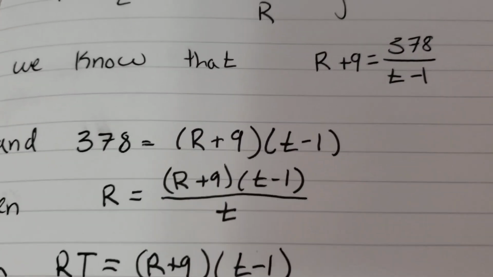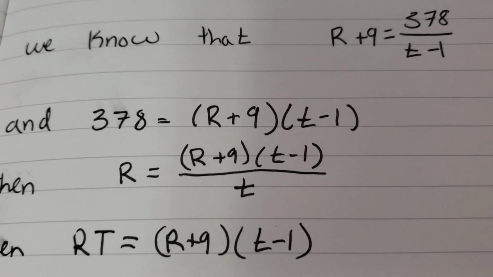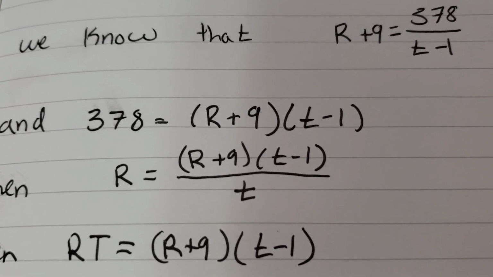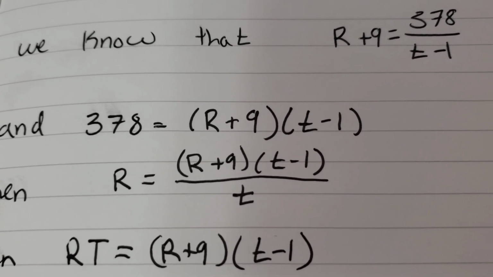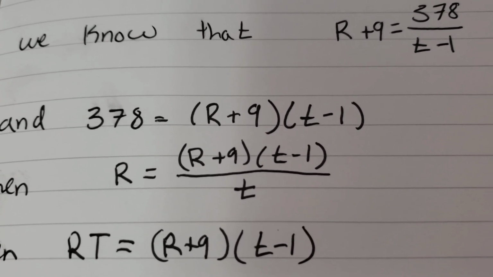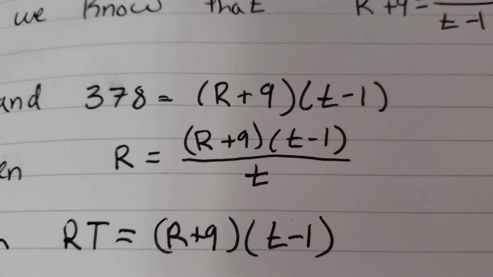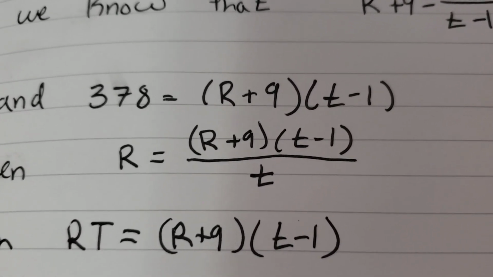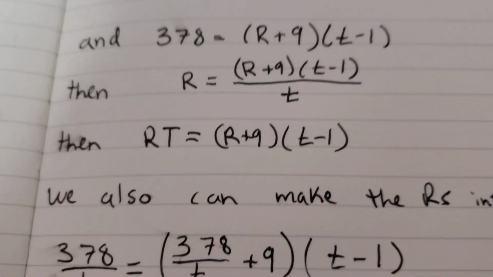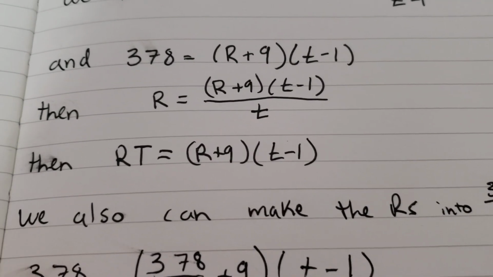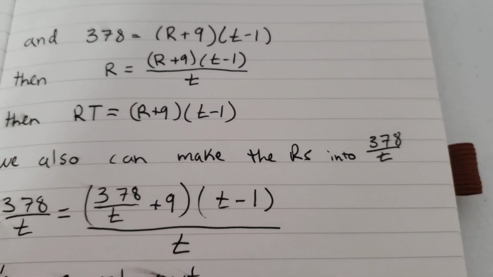And then you can substitute so that you know that if you replace 378 with rate times time and then divide by time, you'll have r equals r plus 9 quantity times t minus 1 quantity over t. And then rate times time equals r plus 9 times the quantity time minus 1.